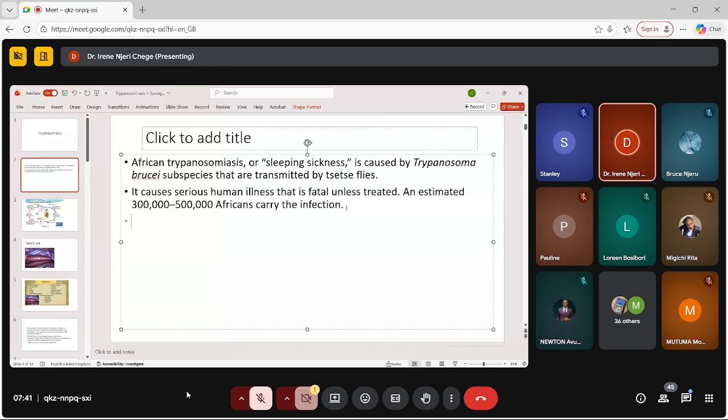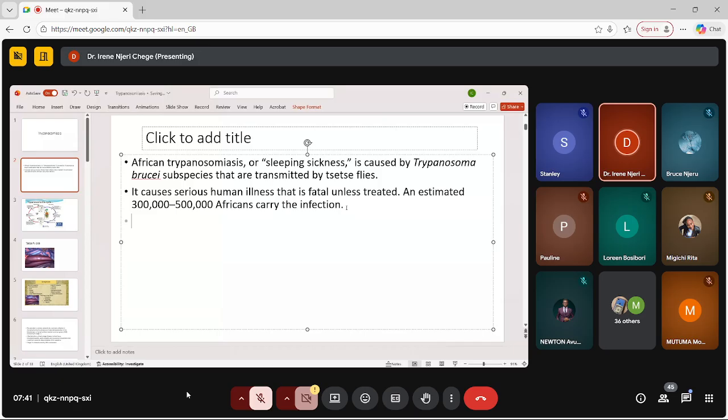So for us, we talk about Trypanosoma brucei subspecies, because we have these three subspecies. The one in Africa that infects us is transmitted by the tsetse fly. The tsetse fly is important. In the other one, we have the Reduviid bug, and the parasite is in the stool, in the feces of this insect.